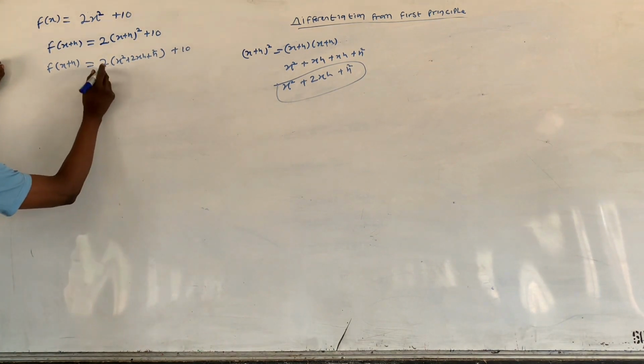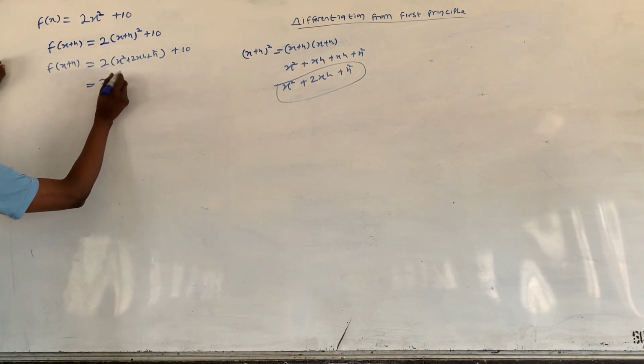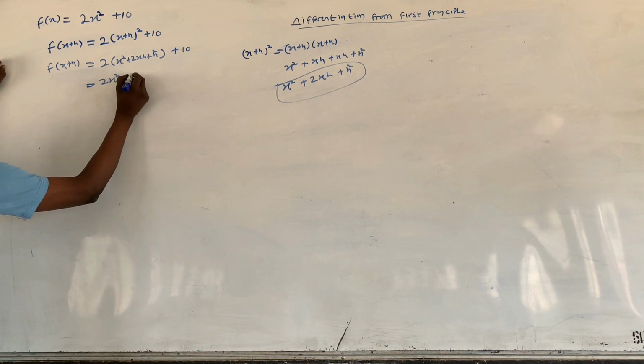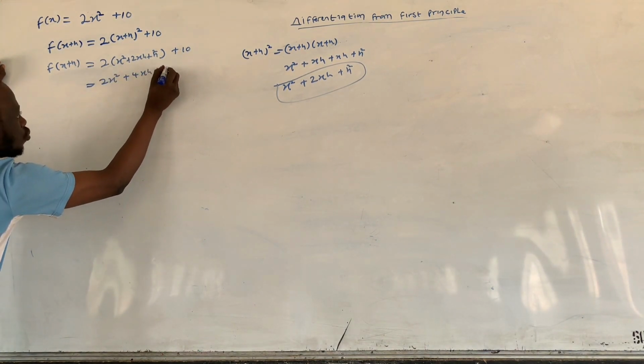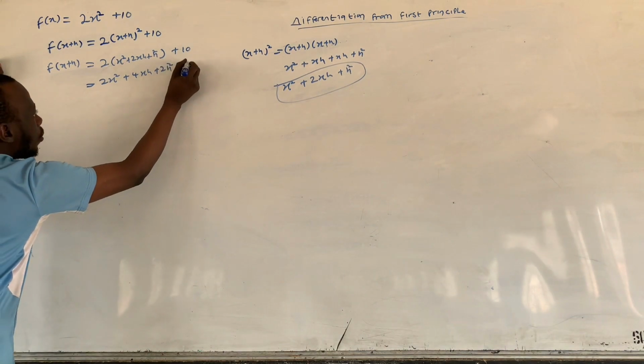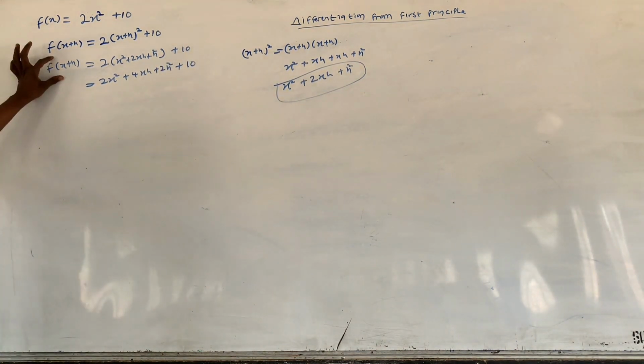Now this becomes 2 times x squared, we have 2x squared, plus 4xh, plus 2h squared, plus 10. This is our f of x plus h.